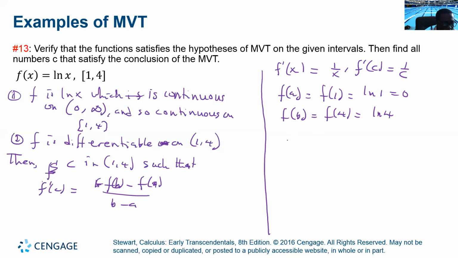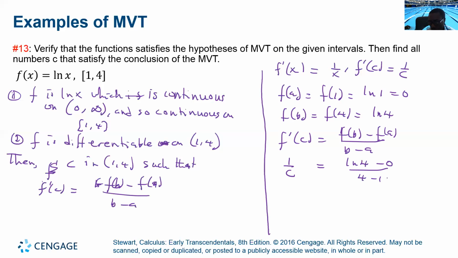Therefore, f prime at c is equal to f of b minus f of a divided by b minus a, so 1 over c is equal to natural log of 4 minus 0 over 4 minus 1, and that gives me natural log of 4 over 3.